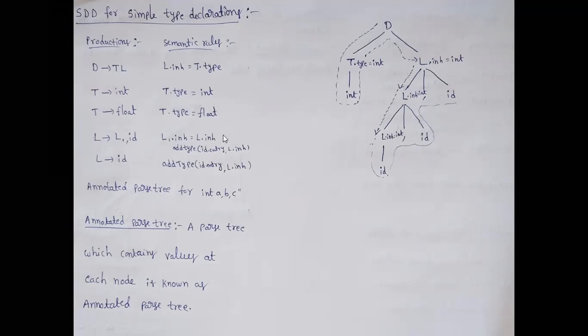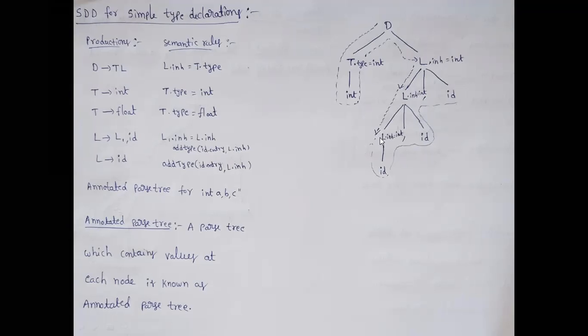So L dot inherited means it is a parent value. So when we take inherited attributes, we are taking the values from parent or siblings. Here we are taking the parent value. So what is the parent value here? Int. So we are specifying the int here.